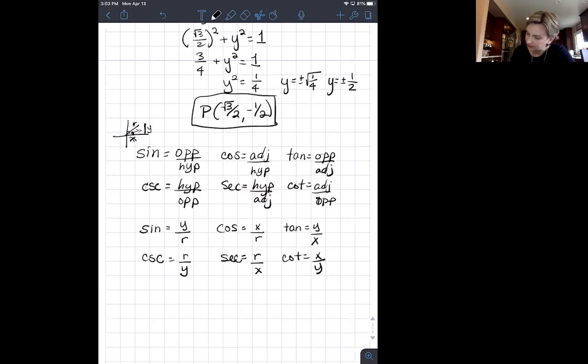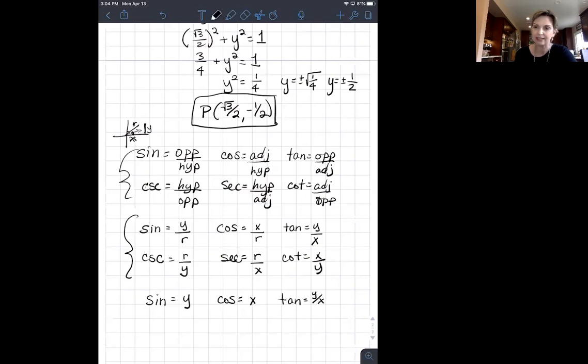So my sine is now y over 1, so I can just make my sine y. And my cosine is now x over 1, so I can make that x, right? Simpler than ever.